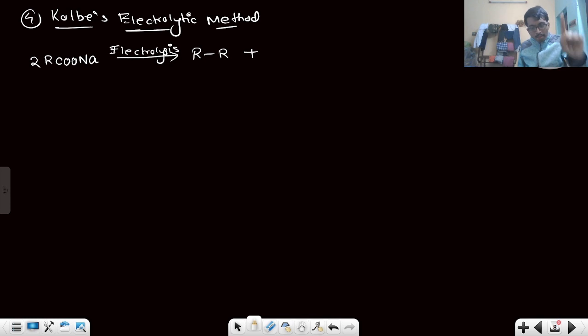First byproduct will be carbon dioxide, 2CO2. How it is coming, I am showing you. Another byproduct will be hydrogen. Another byproduct will be 2NaOH. Clear? So this is the basic funda of electrolysis of Kolbe.